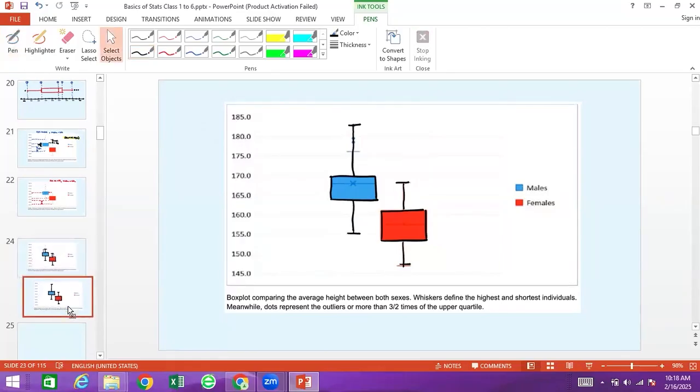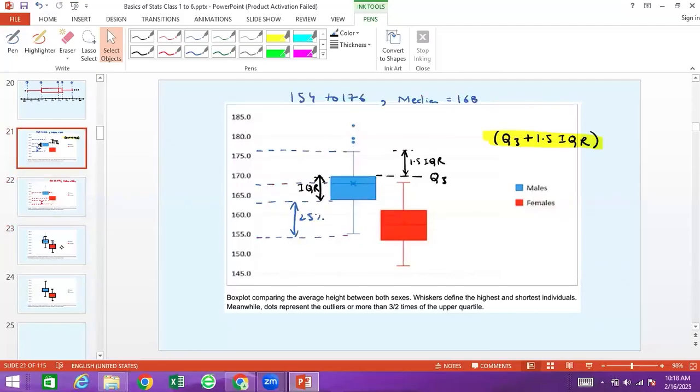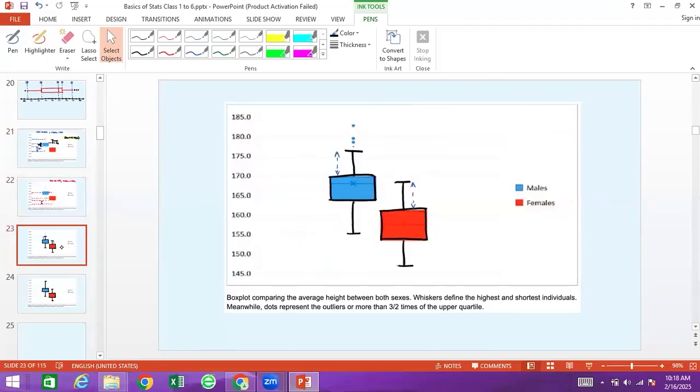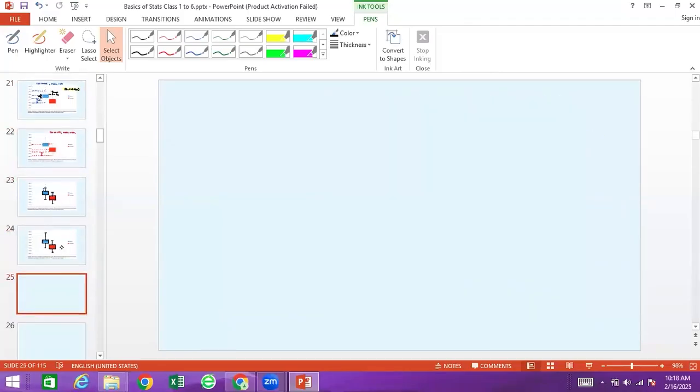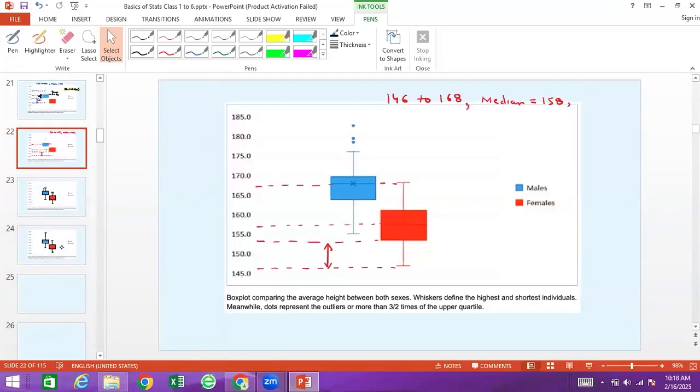One question: when we know the max and min, why are we saying it is an outlier? That part I didn't understand. Can you go back to page number 22, please? Or maybe 24. Yeah, this one.